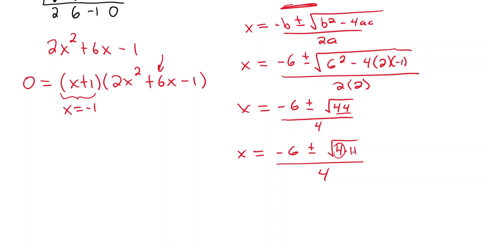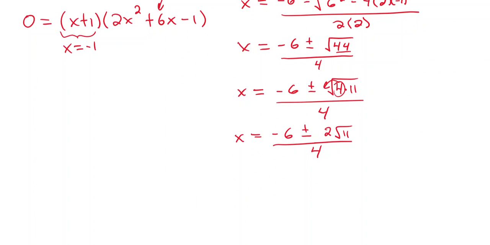That's the reason I chose to split it up that way. So I get to take the square root of 4 and bring it out as a 2. So what we have left now is x is equal to -6 plus or minus 2 root 11 all over 4. I want to make it as simple as possible, and cancel as much as I can with the denominator here.